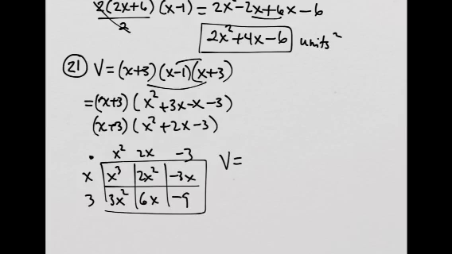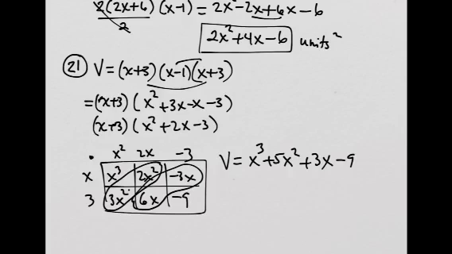So the volume of that first box is x cubed. There are two squares right here, so that's 5x squared. There are two x's right here, so that's 3x minus 9. And this is going to be cubic units because it's volume.